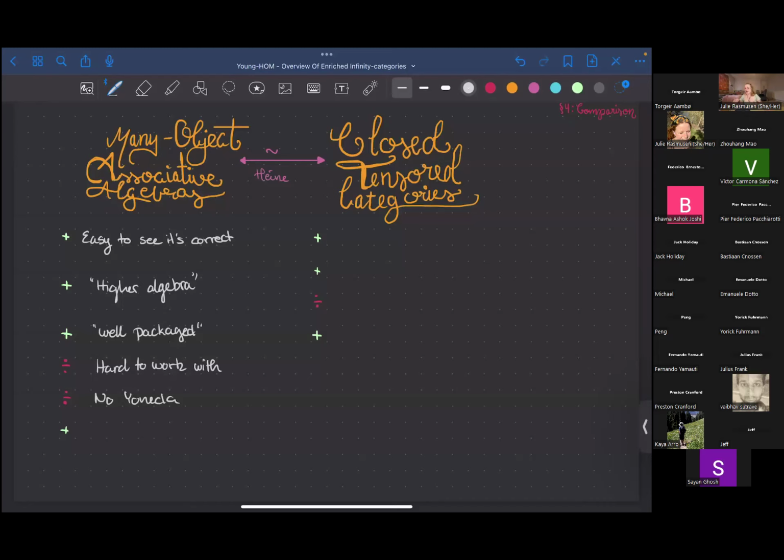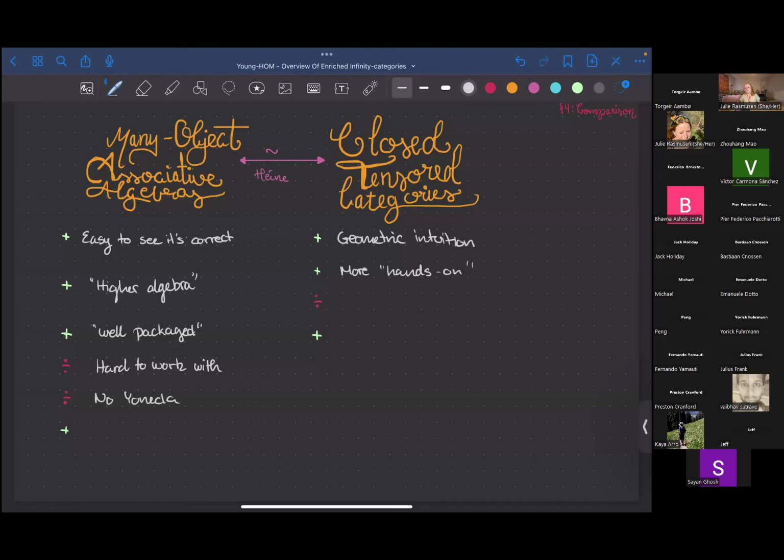But then on the other hand, we have the closed tensored categories. And it might be harder to see that you get the right information, but it has more of a geometric intuition, which for some people is a big plus. And it is not as nicely packaged. You have all of the structure still out there, which is more hands-on, so it's easier to actually work with sometimes.